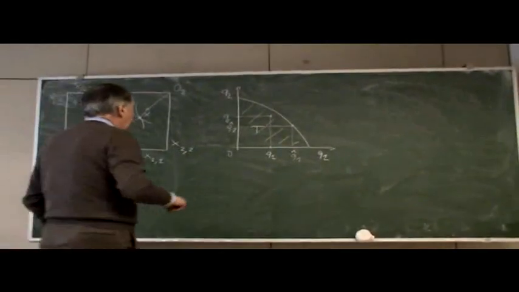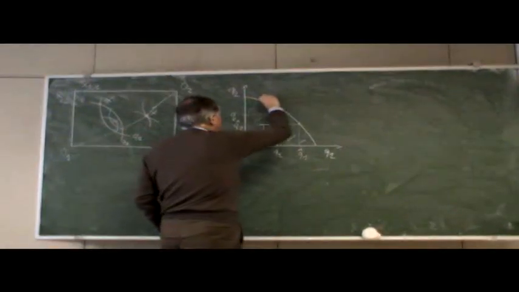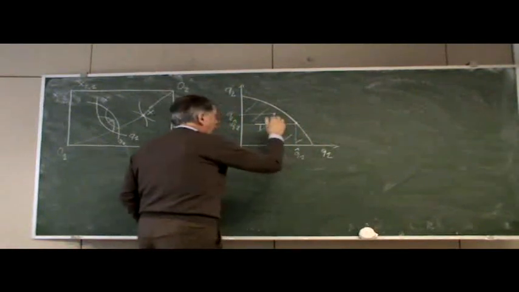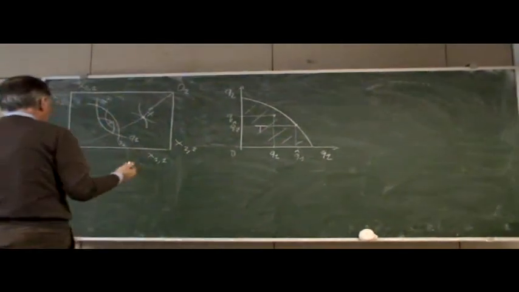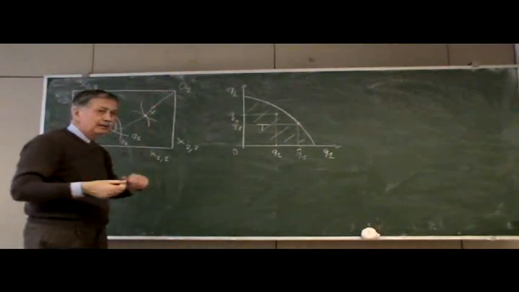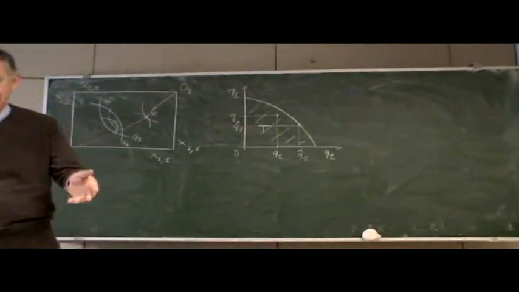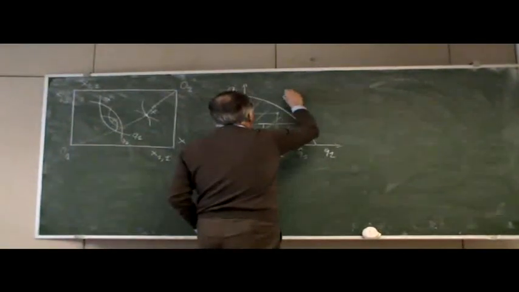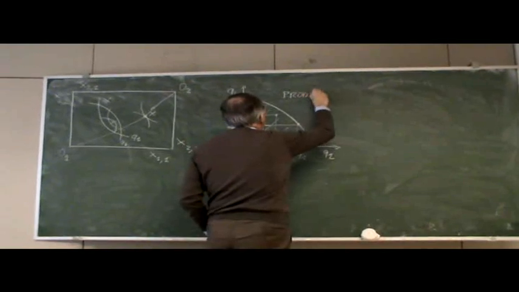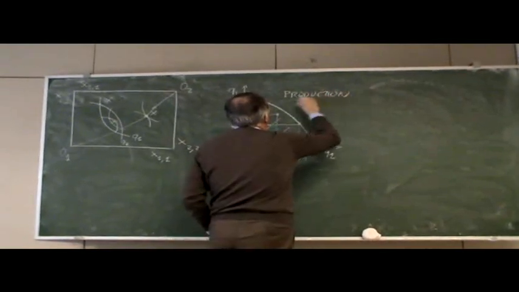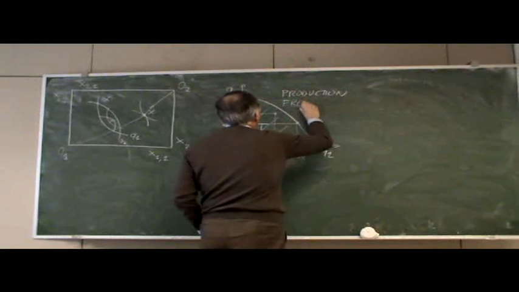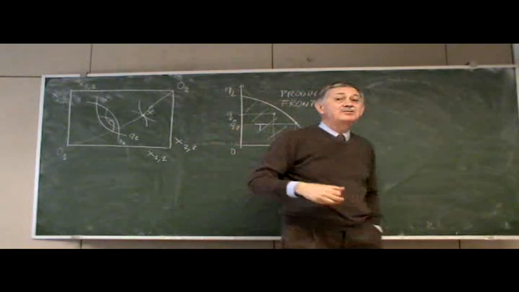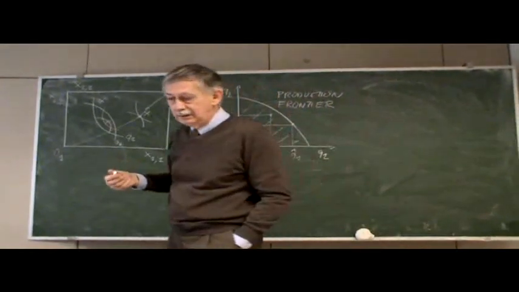So, all the points on this boundary correspond to Pareto optima in the Edgeworth box. This is the so-called production frontier, or transformation function.